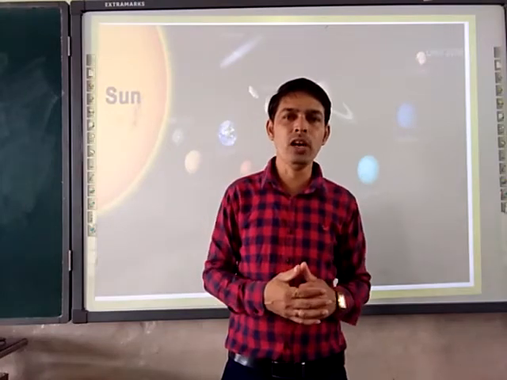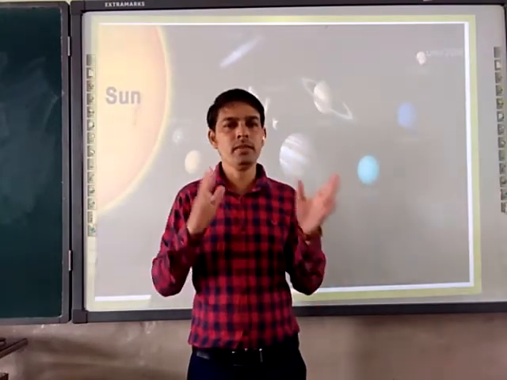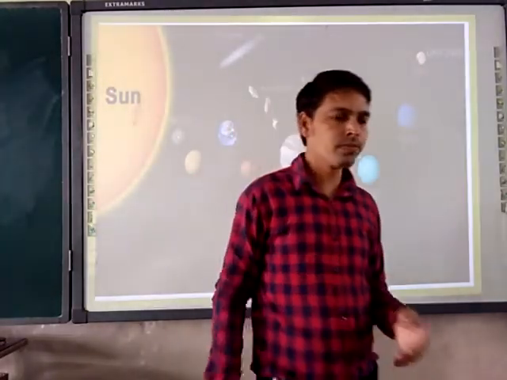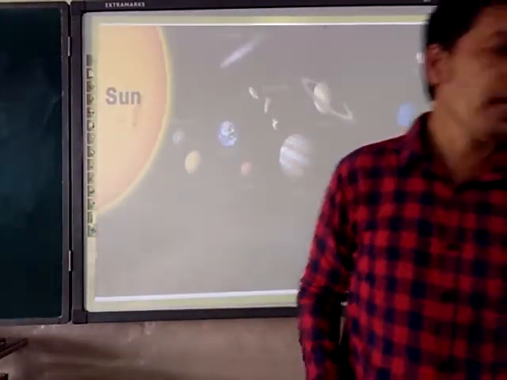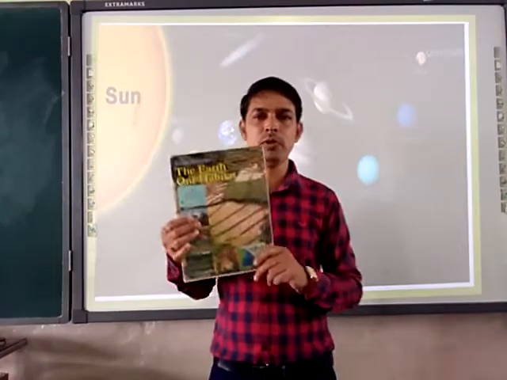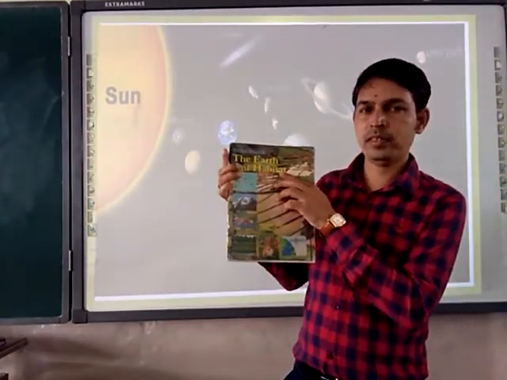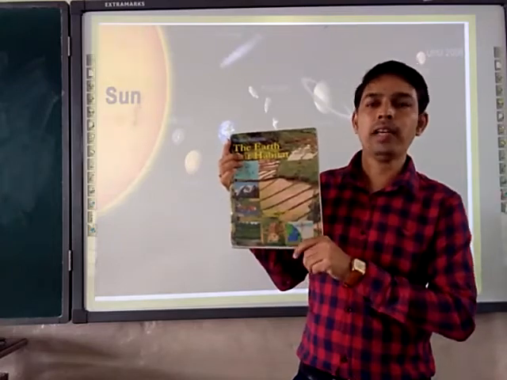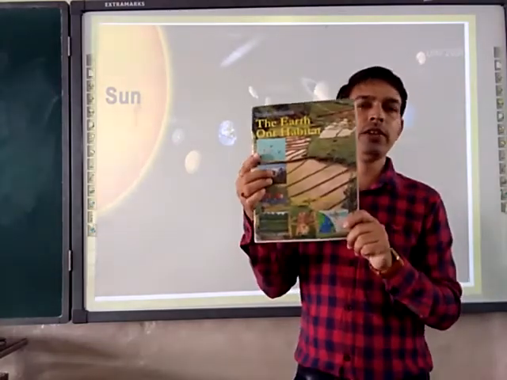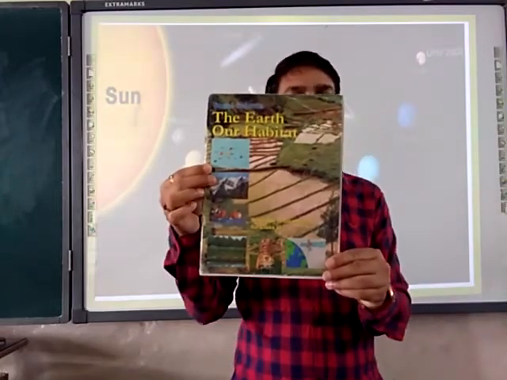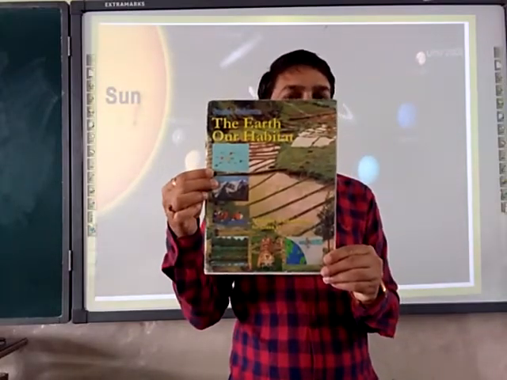So I request you all to have the textbook in PDF form, or you can have the physical textbook. We are going to study the textbook first, our habitat, the Earth, our habitat. This geography textbook we are going to continue with first. That's why I am showing you this geography textbook.